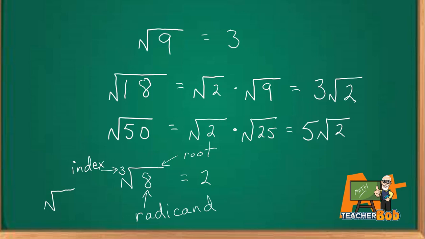So let's do an operation with roots. So let me go to another page here. All right, let's try the square root of 18 plus the square root of 8.